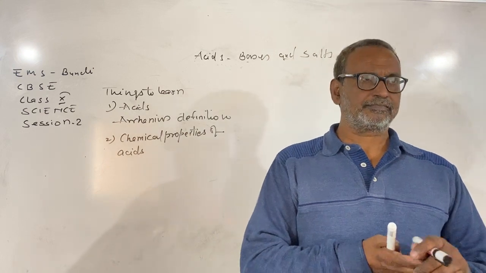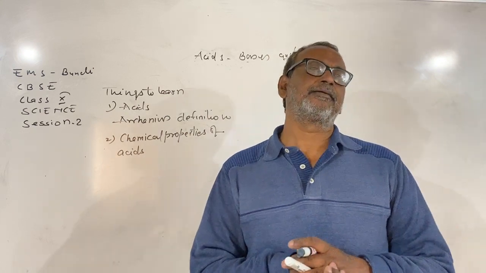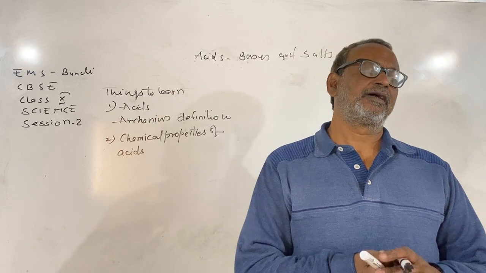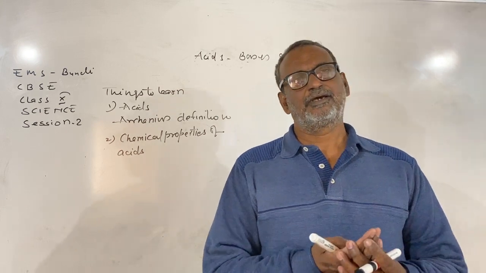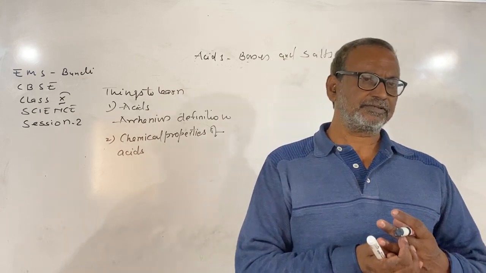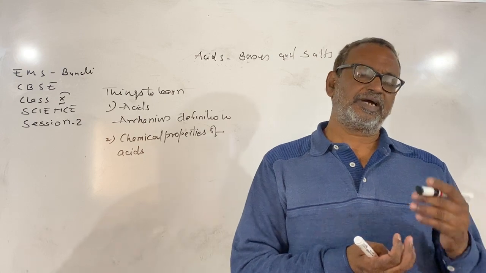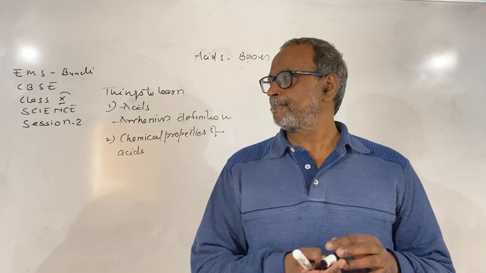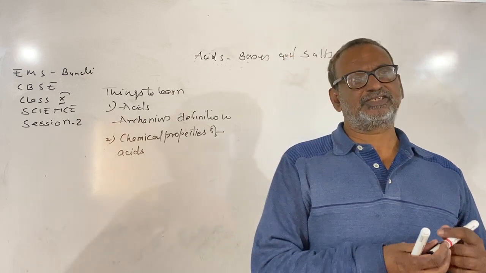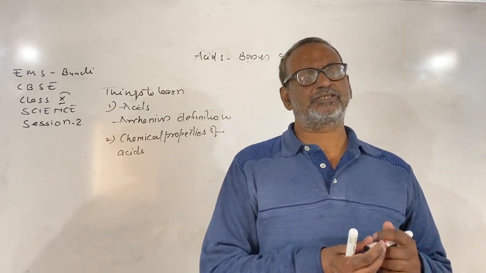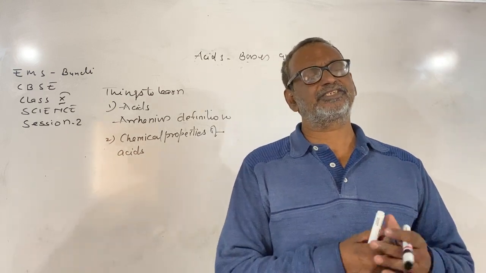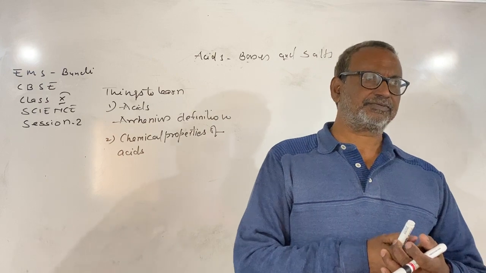Then we have Bronsted and Lowry definition of acids, and Lewis acids and bases. But in this class, 10th class CBSE, we shall discuss only Arrhenius theory of acids and bases.